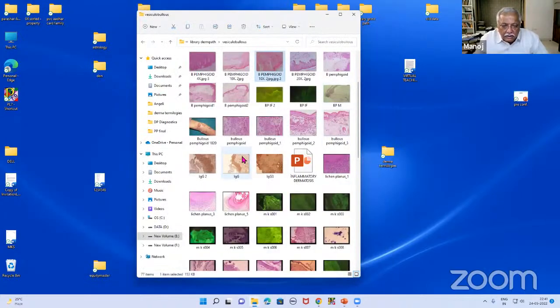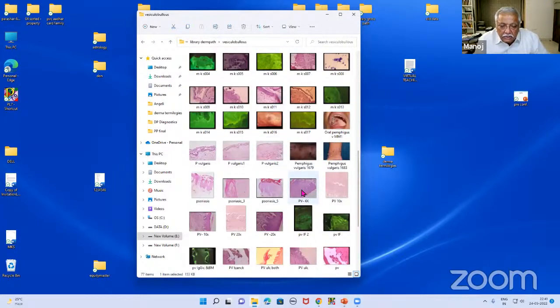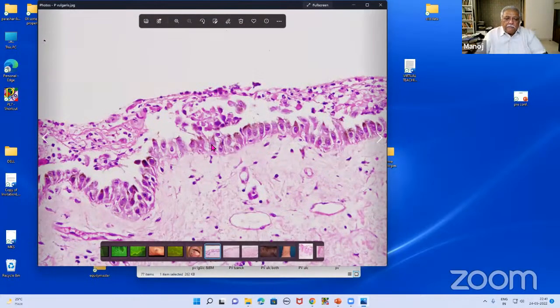Okay? On the other hand, what we had seen about this one. So this is suprabasal because this is the basal layer, right? Basal layer that I had shown you. This is the basal layer and it is attached to the basement membrane, because the attachment of those cells to the basement membrane is different from the normal desmosomal.